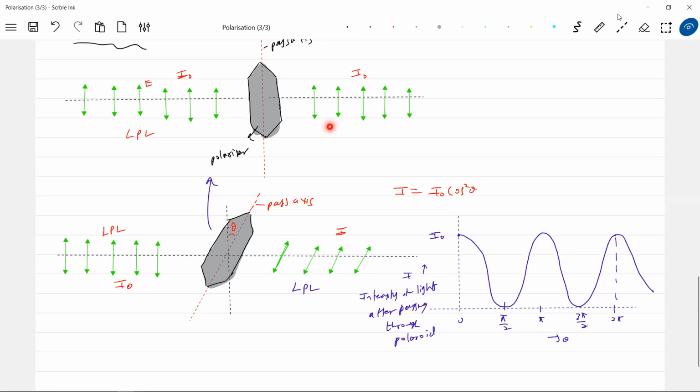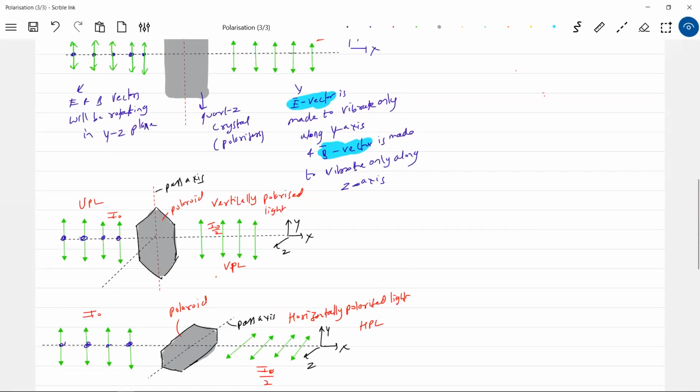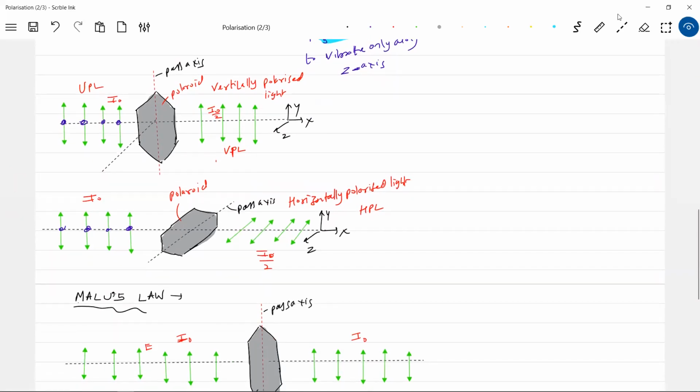Anybody wants to answer? It will remain fixed at I naught by 2. For unpolarized light, as I rotate, for all positions you get I naught by 2 only, the intensity is fixed.